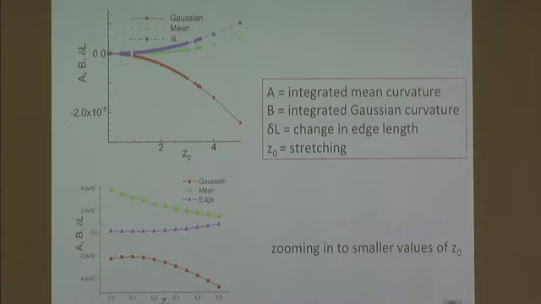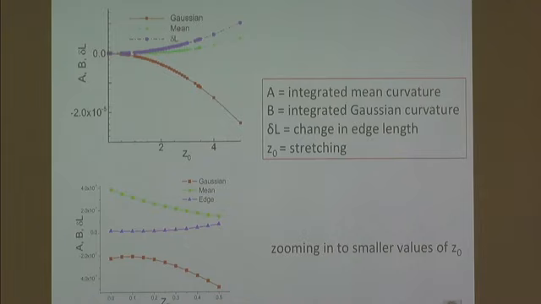The only difference between these two pictures is the bottom one just zooms in so you can see the structure down in this region here, which is kind of obscured at this scale of plotting. And so we're just looking at these different contributions to the Helfrich and to the edge energy as a function of the stretching, the size of that Gaussian bump. And so, not surprisingly, the edge energy is easy.